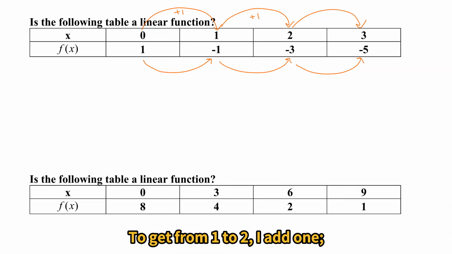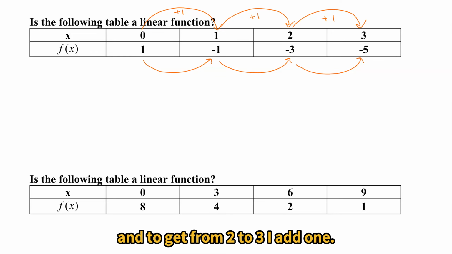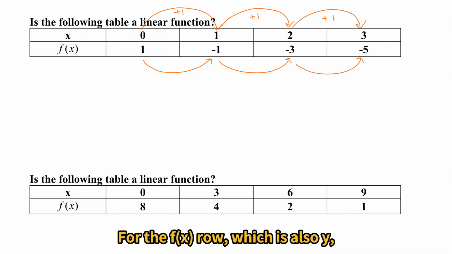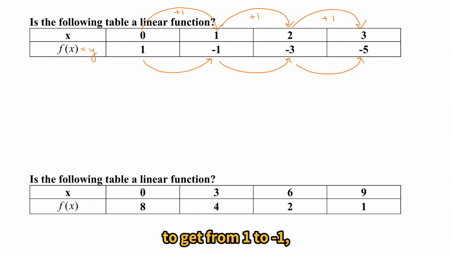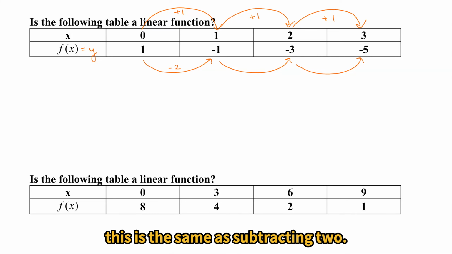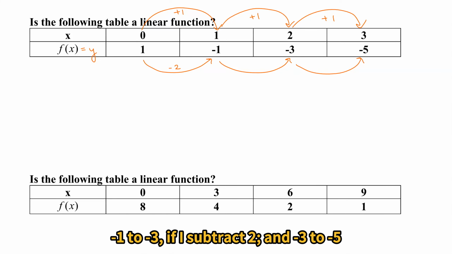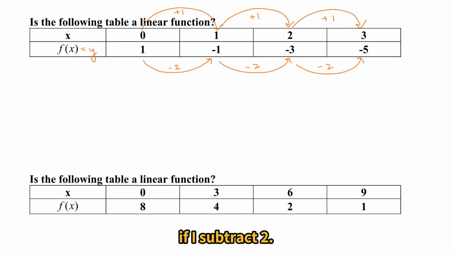To get from 1 to 2, I add 1. And to get from 2 to 3, I add 1. For the f of x row, which is also y, to get from 1 to negative 1, this is the same as subtracting 2. Negative 1 to negative 3, I subtract 2. And negative 3 to negative 5, I subtract 2.